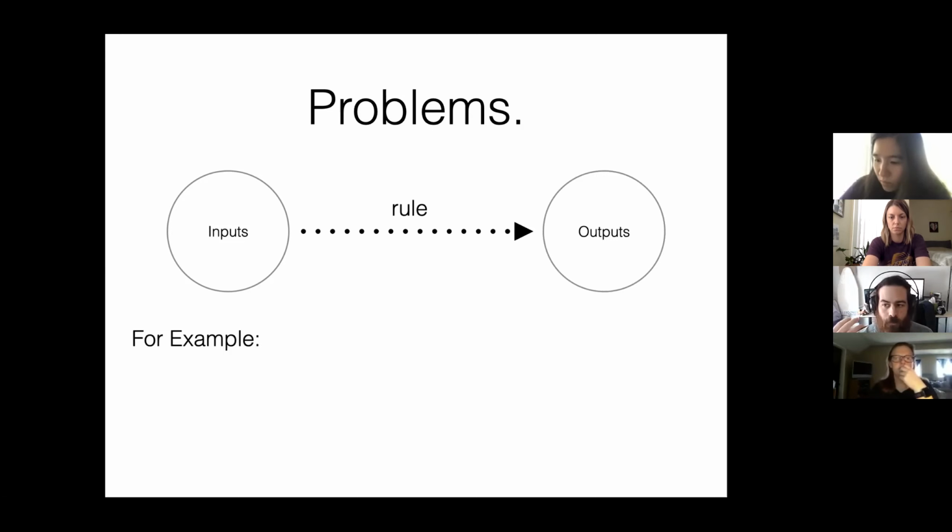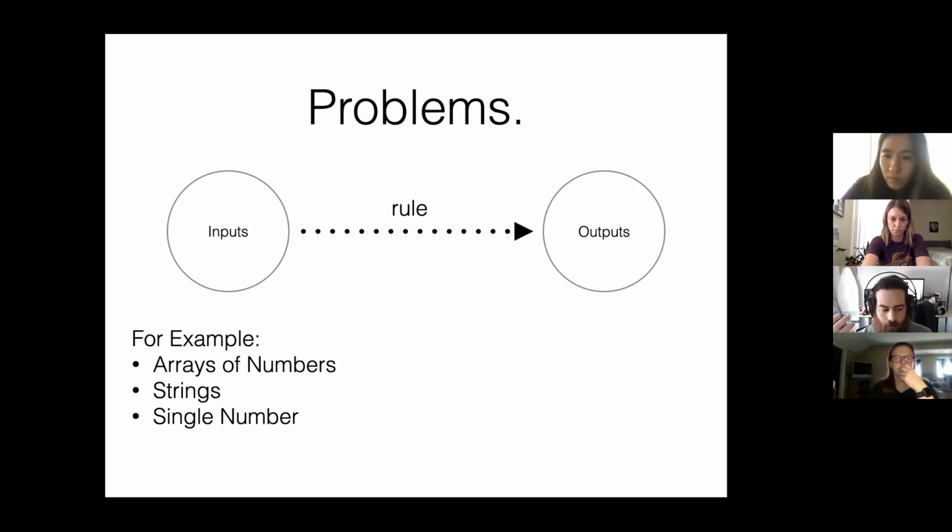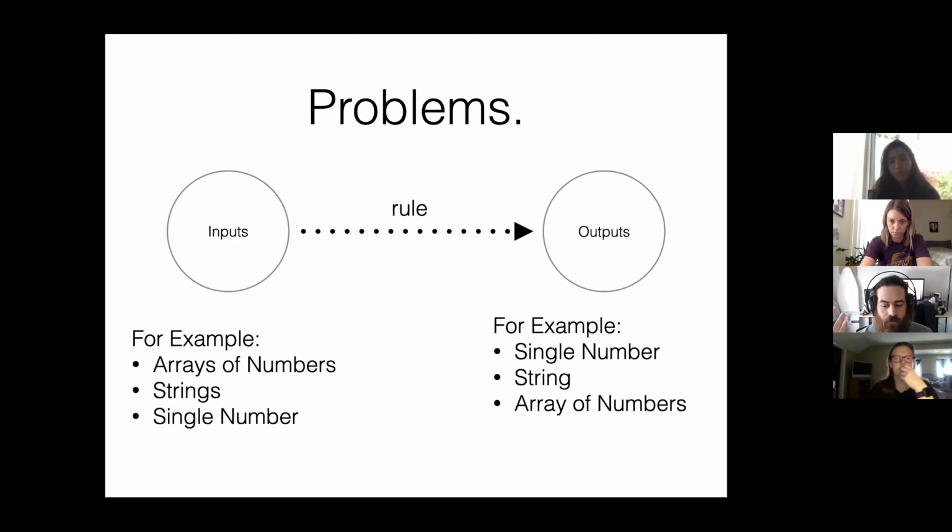So for example, let me give some examples of precise specifications of inputs and outputs. Arrays of numbers, strings, single numbers. For outputs, you could have, again, single numbers, strings, arrays of numbers. And these should feel super familiar because they're the types available to you in your favorite programming languages of Ruby or JavaScript. Also Booleans.